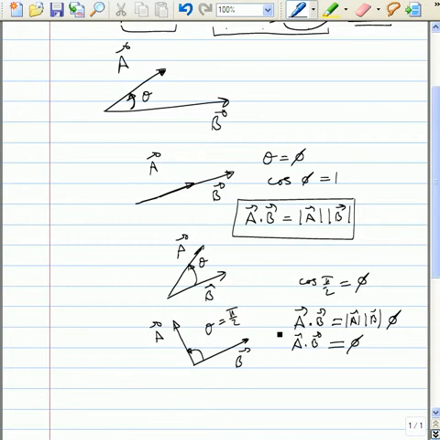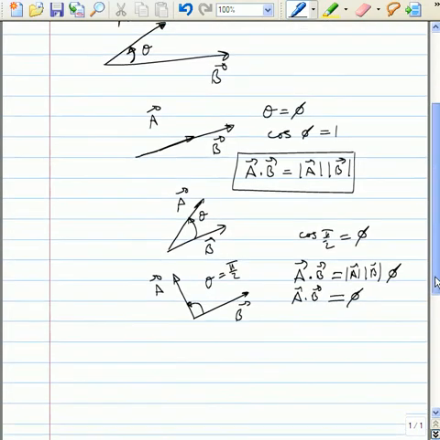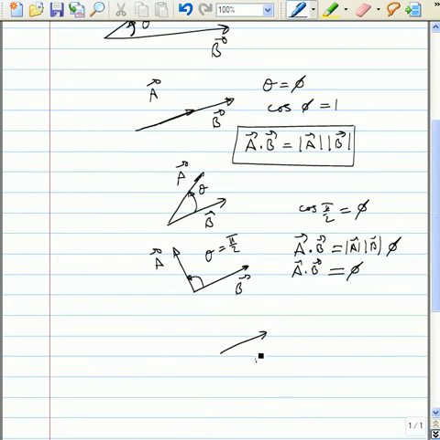And then as you keep increasing the angle, the cosine will become negative, and it will go again towards its maximum value in magnitude, which is 1. So really the dot product goes from magnitude of A times magnitude of B, then it decreases as you increase the angle, down to 0 when theta is equal to pi over 2.